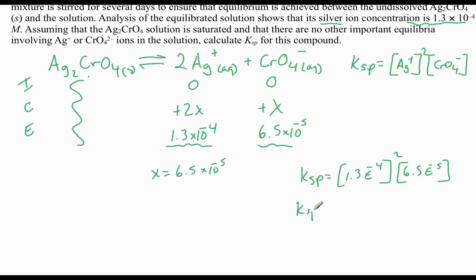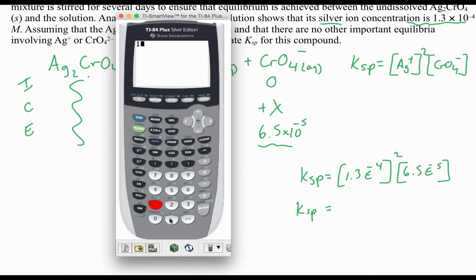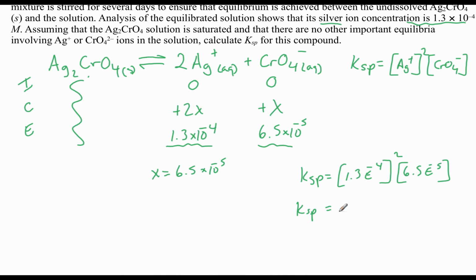That's going to give me my KSP value, so I'm going to throw that in the calculator. 1.3 e to the negative fourth, square that, and then multiply that times 6.5 e to the negative fifth. I get my KSP value of 1.1 times 10 to the negative 12th. Yep, 10 to the negative 12th. So that's how I would calculate KSP for a problem like that.